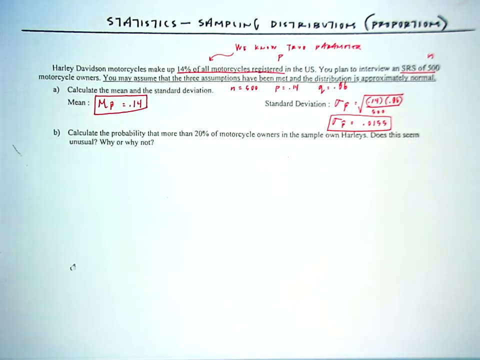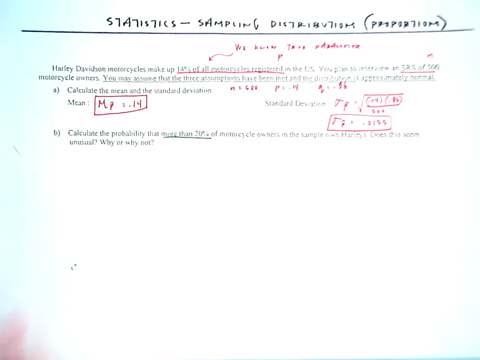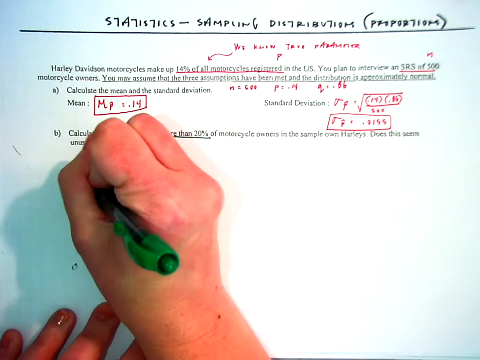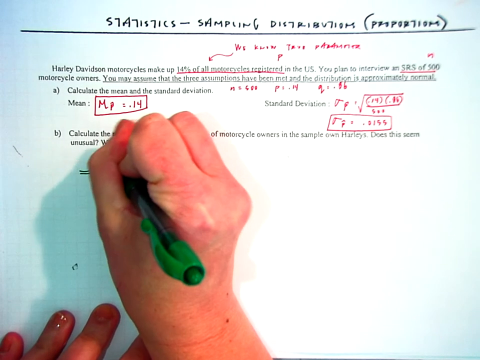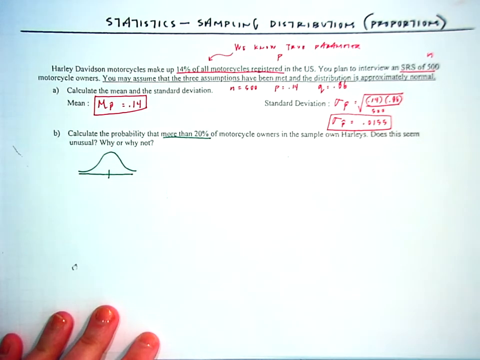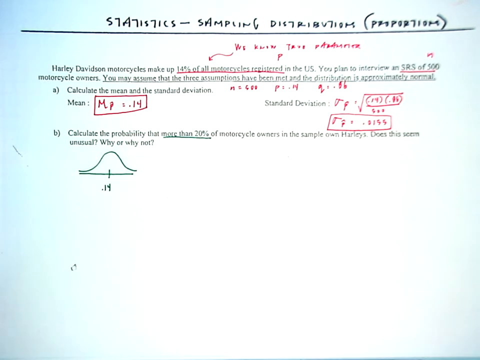Now the question is saying, calculate the probability that more than 20% of motorcycle owners in the sample own Harleys. Does this seem unusual? Why or why not? What I want to visualize is a normal curve. My mean, right smack in the middle, is that parameter that we were given initially, that 0.14, that 14%.